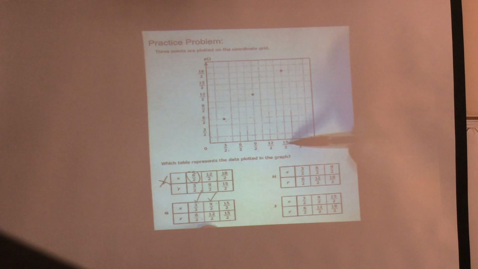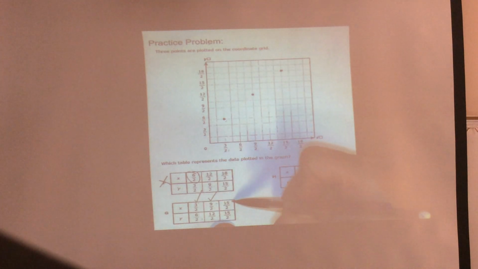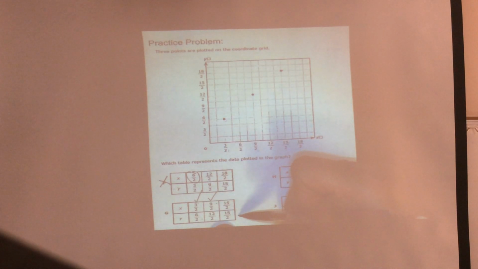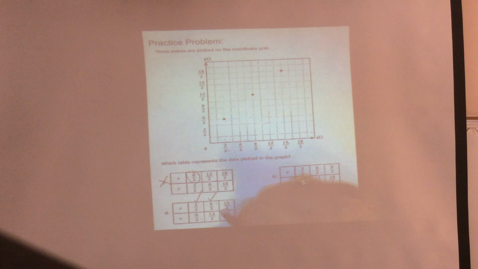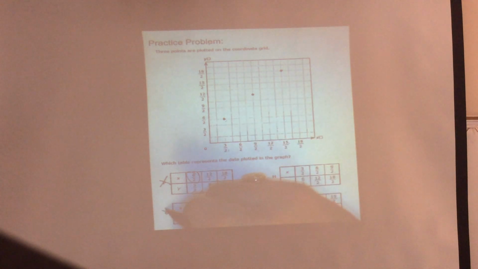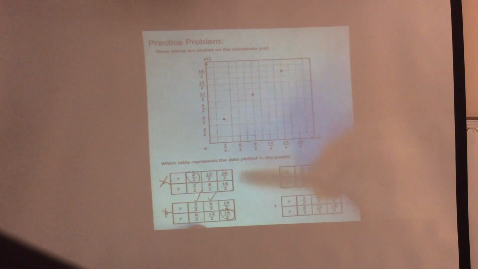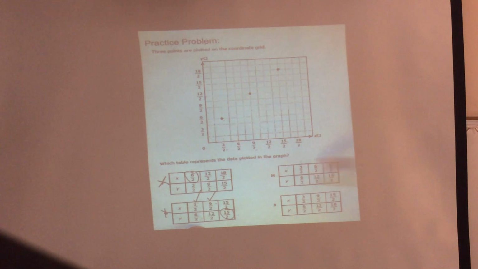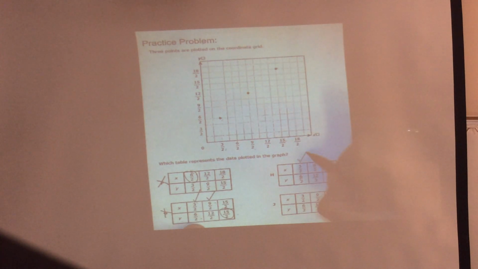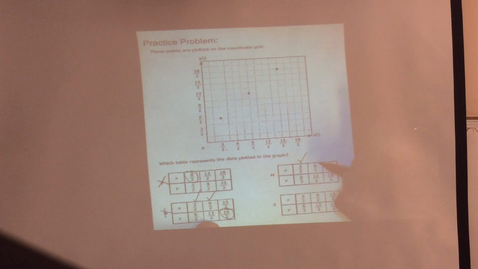Then the last dot, 15 halves for X, 18 halves for Y. 15 halves, 15 halves. Oops, that's not right. So let's check to see if this one and this one's correct. So I needed 3 halves and 6 halves. That's correct. I needed 9 halves here and 12 halves. That's not right.